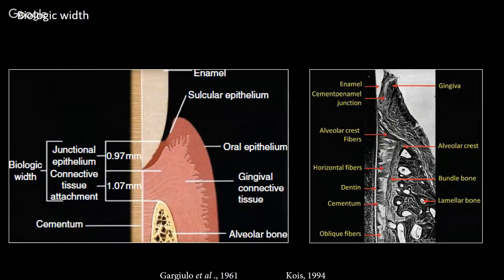So all of us, of course, know what is biologic width. Why it's so important to respect and preserve it for everything. Basically, to support our restoration, to support teeth, but as well for aesthetics. If we don't respect biologic width, we are going to have inflammation.